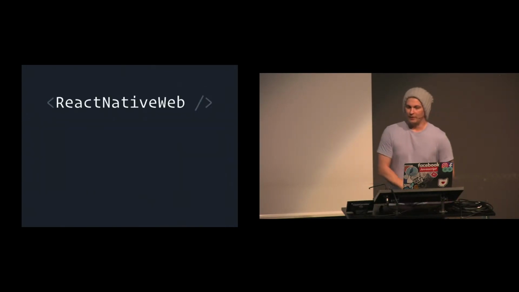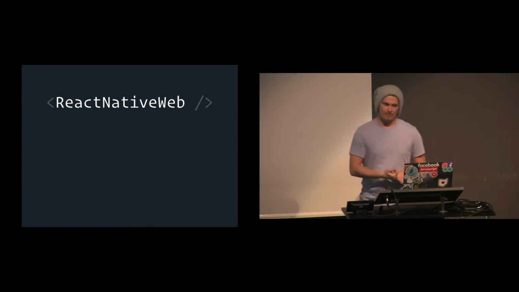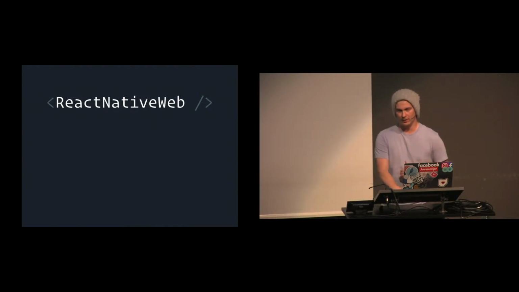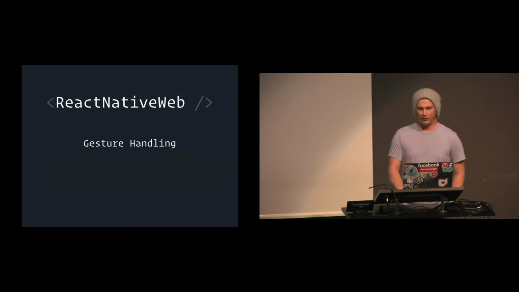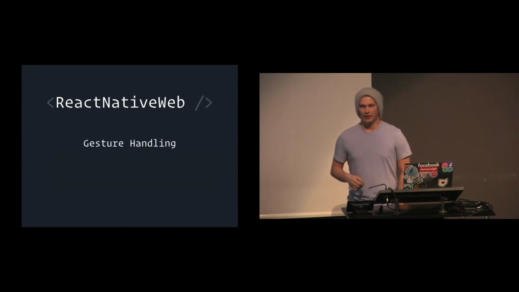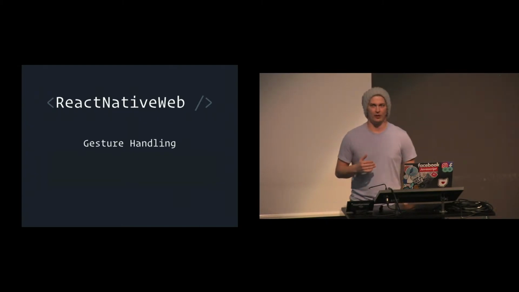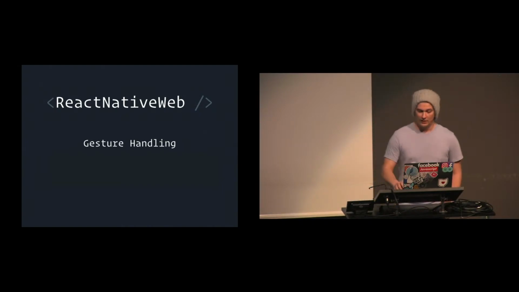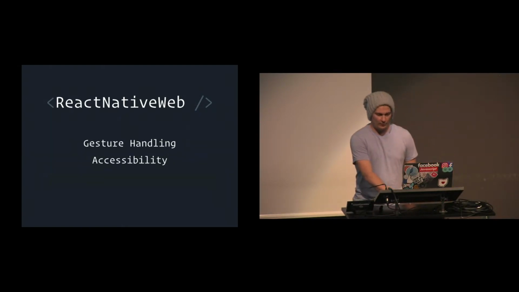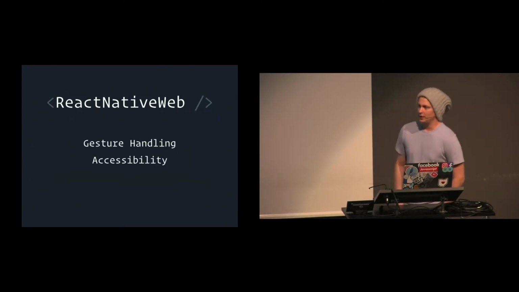So what are some of the benefits of React Native Web? I think there are three main benefits that are relevant to web developers. The first is gesture handling. As web developers, we don't generally think about touch devices and other non-mouse and keyboard devices, but with React Native Web we do. Second is accessibility.